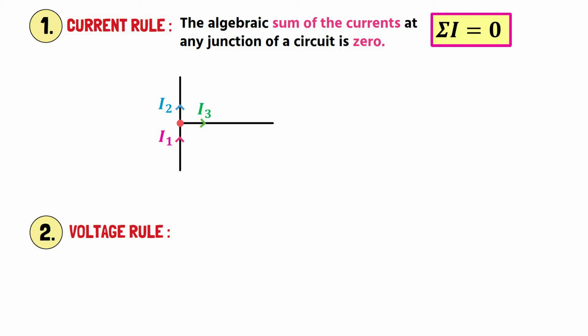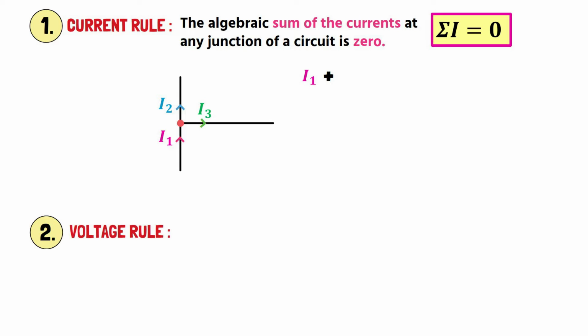So based on this example, we can write that current that into the junction as positive. So, kita tulis I1 sebagai positif dan kita tambahkan pula dengan I2. Tapi dekat sini I2 kita keluar daripada junction tersebut.